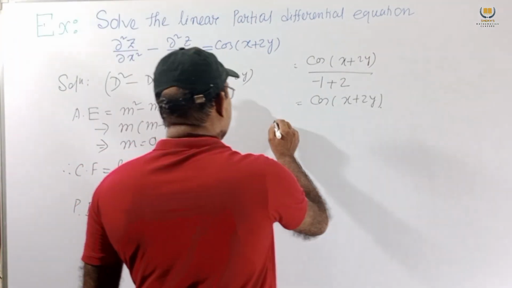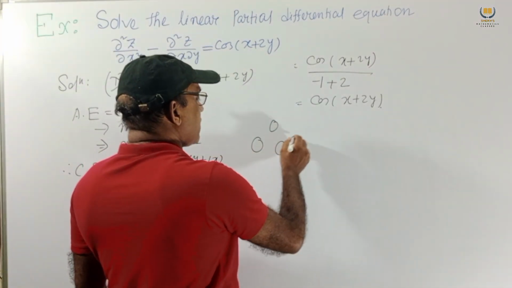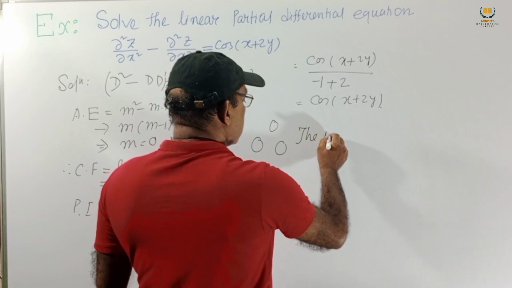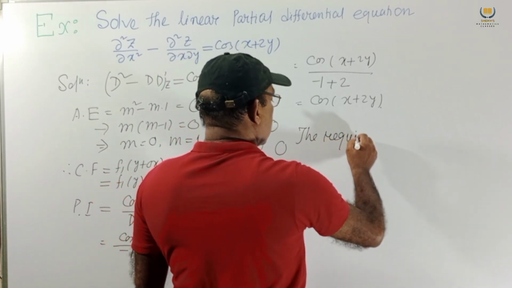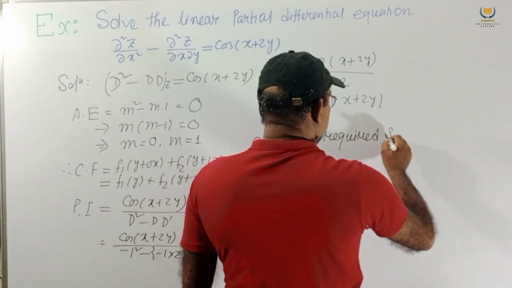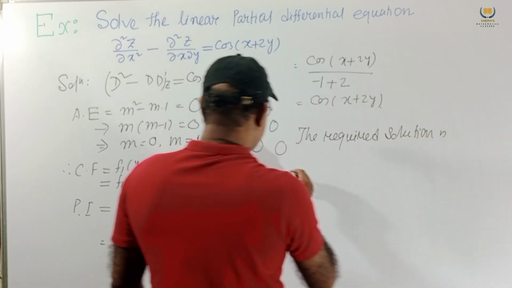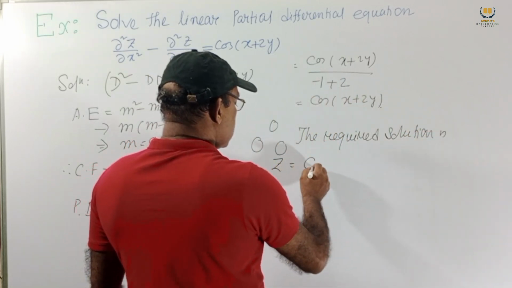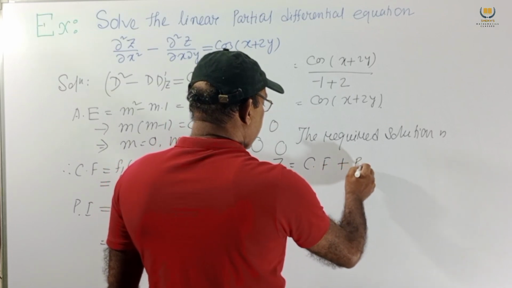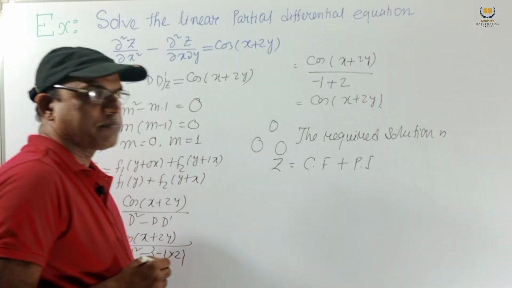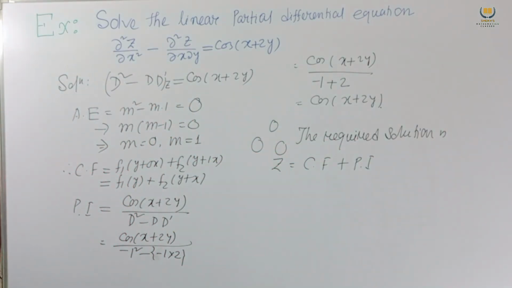Therefore, the required solution is Z equals CF plus PI, complementary function plus particular integral.